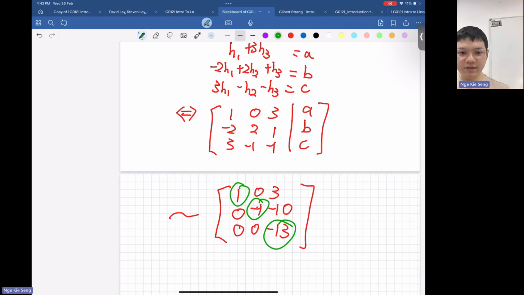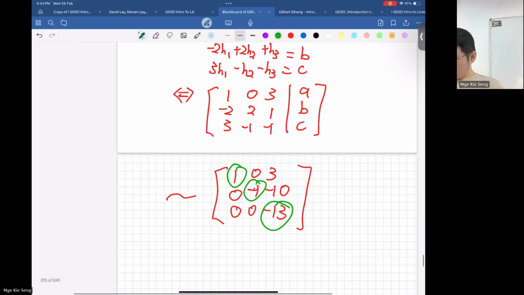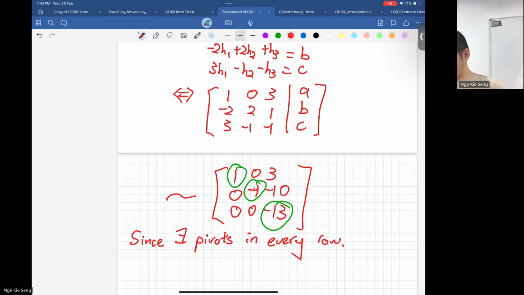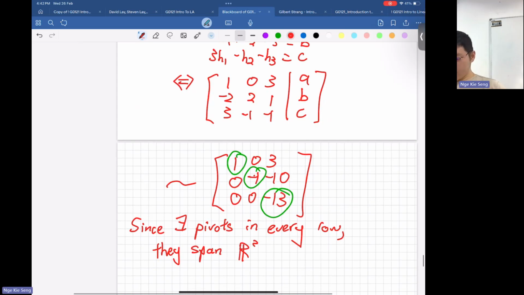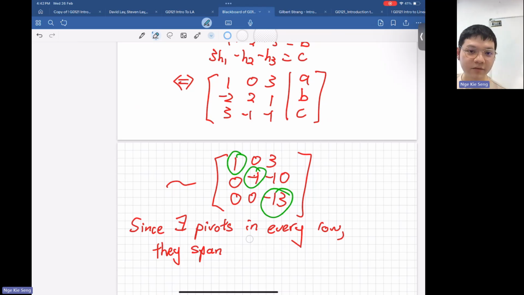So in this case, since there are pivots in every row, it spans R3. Hey, sorry, span what? What's your vector space? P2.